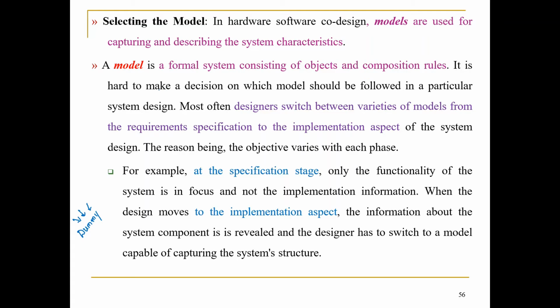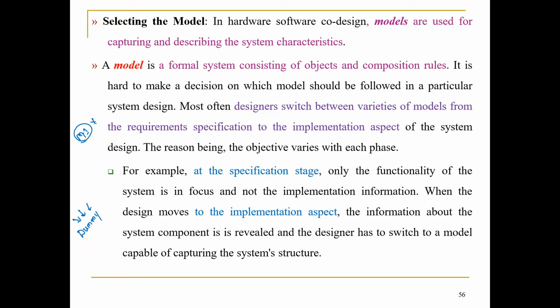It is hard to make a decision on which model should be followed in a particular system design. As I said, it is not an easy task to select a model. Most often, designers switch between a variety of models from the requirement specification to the implementation aspect of the system design. So they might take model 1 and start with the implementation. Once they start implementing the model, they might find it to be unresponsive.